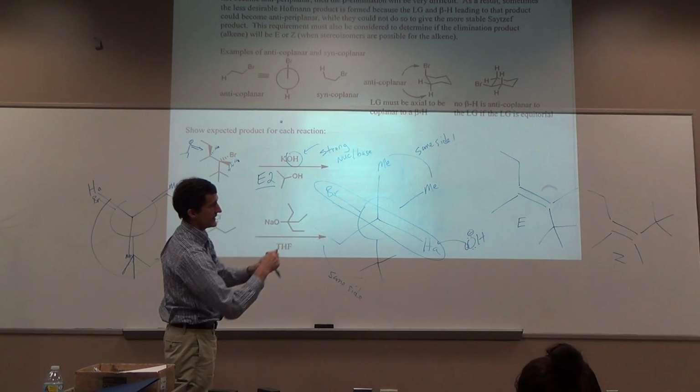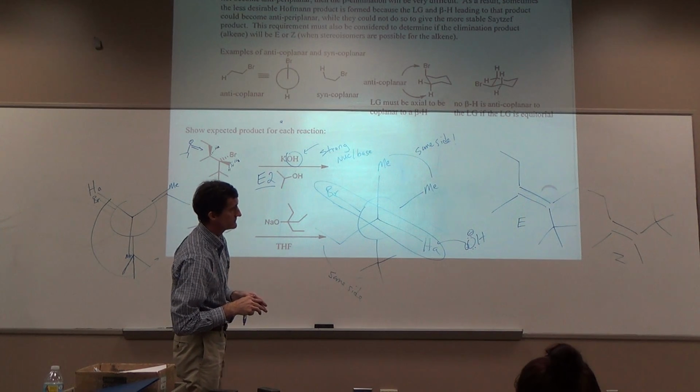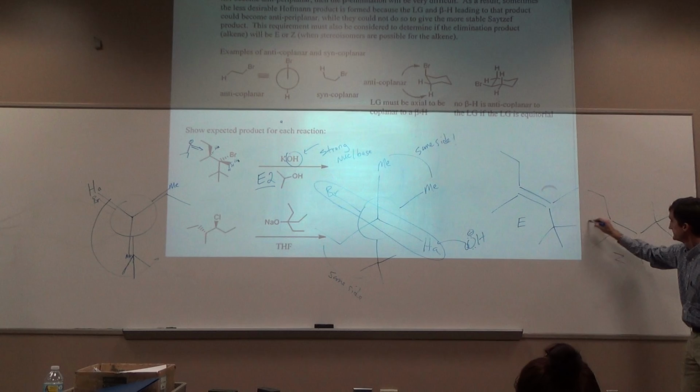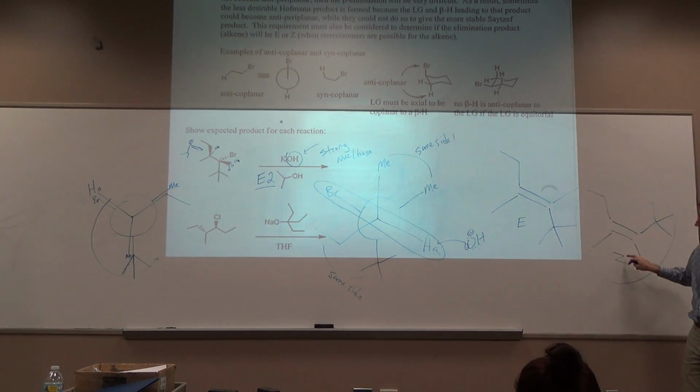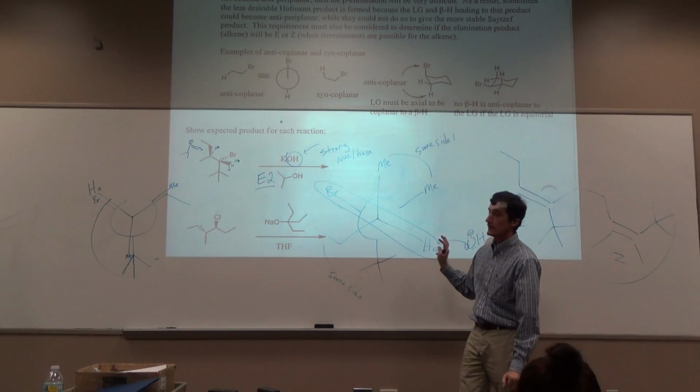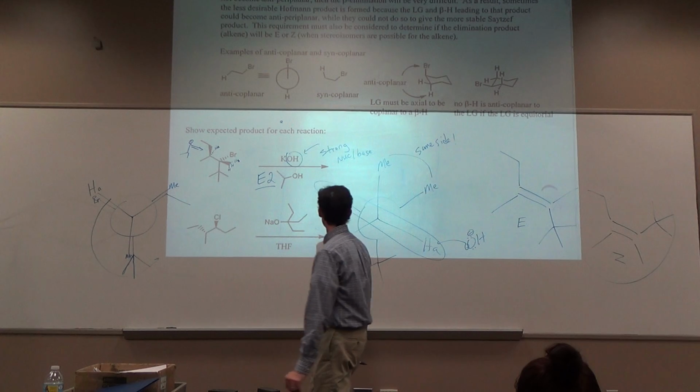Which product is that? Z. Methyl's on the same side, the other two groups on the same side. This reaction actually gives Z as the major product because the anticoplanar is highly preferred.